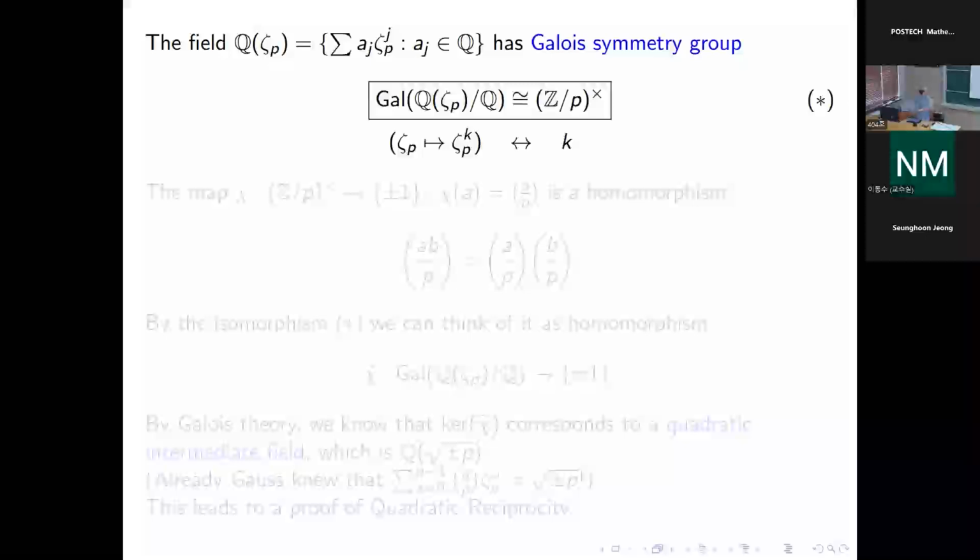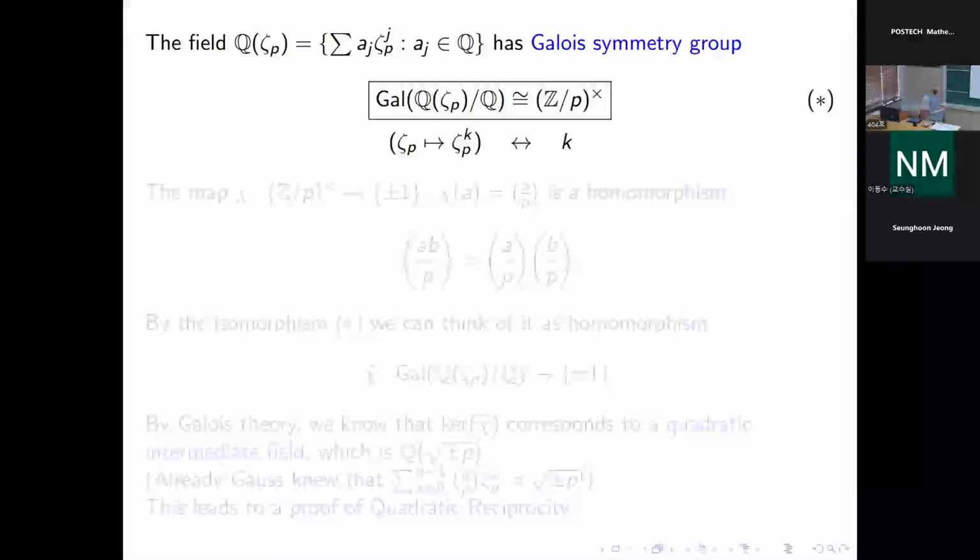And this field has a lot of symmetries. The symmetries of a field is what was studied by Galois, and he, well, maybe Gauss together with Galois, realized that the symmetry group of this field generated by the pth root of unity is precisely the same as the multiplicative units in modular arithmetic modulo p, in Z mod pZ.